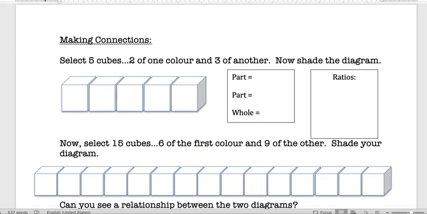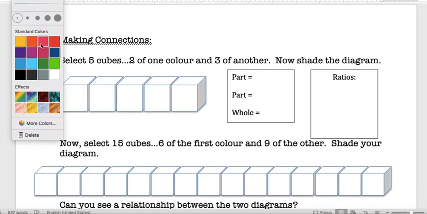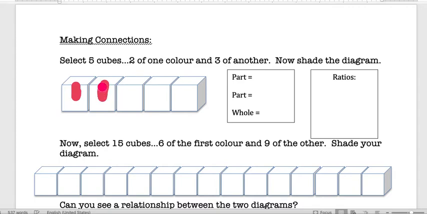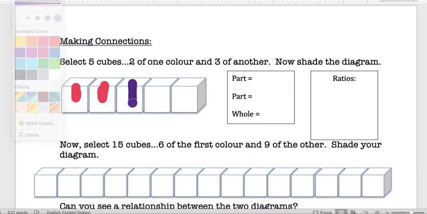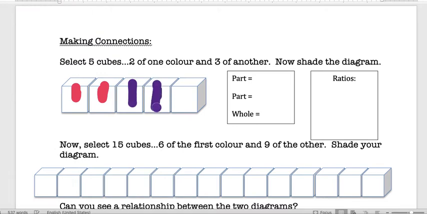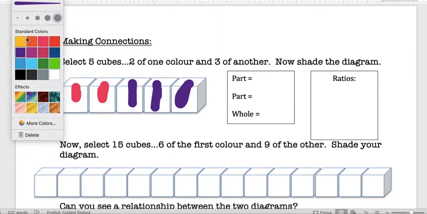So if we select 5 cubes, 2 of one color and 3 of another, we're back to making our cubes. So 2 pinks and then 3 purples. I've got parts of wholes here.